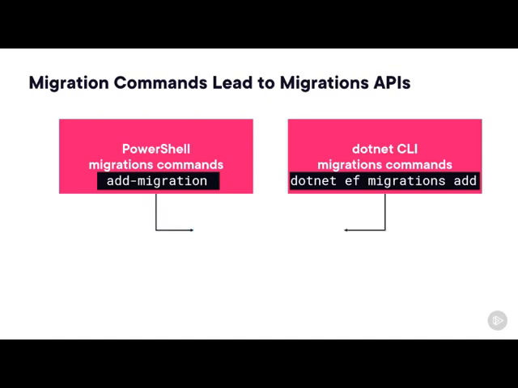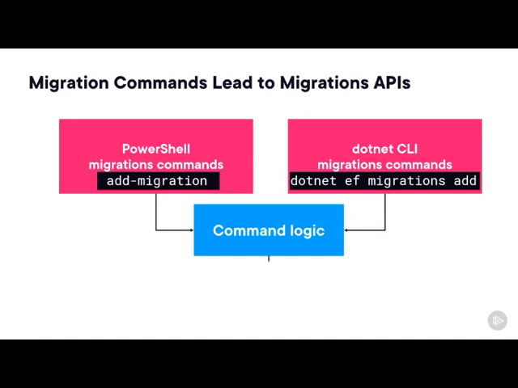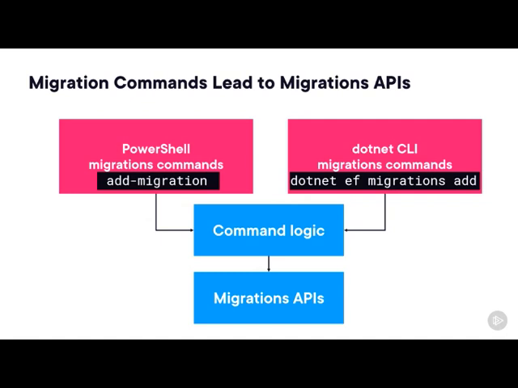The two sets of commands both lead to the same logic that performs the requested actions. And that logic then interacts with the migrations APIs that are found within the relational package, the same APIs that also provide the syntax for the migration files.